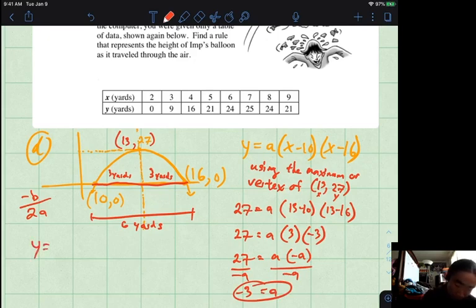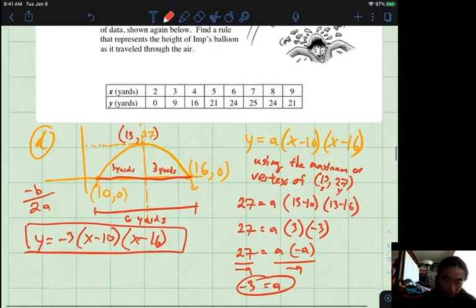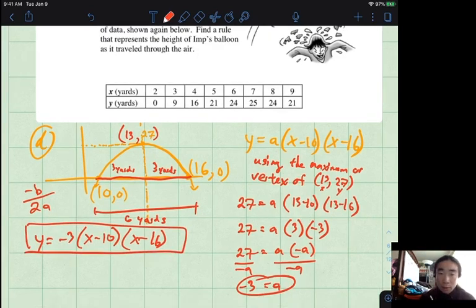Y equals negative 3 times x minus 10 times x minus 16. That's your factored form equation, and you could multiply it out to figure out standard form too.